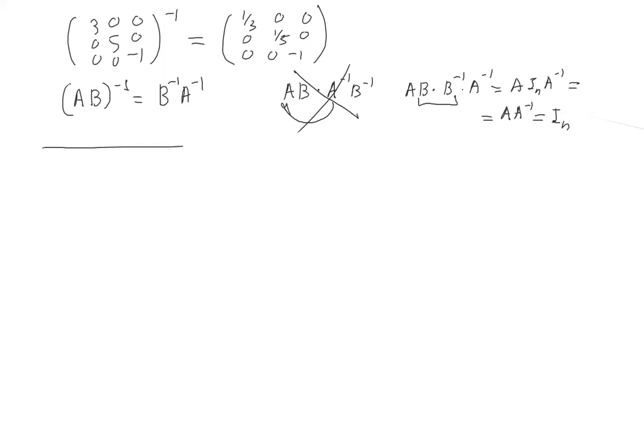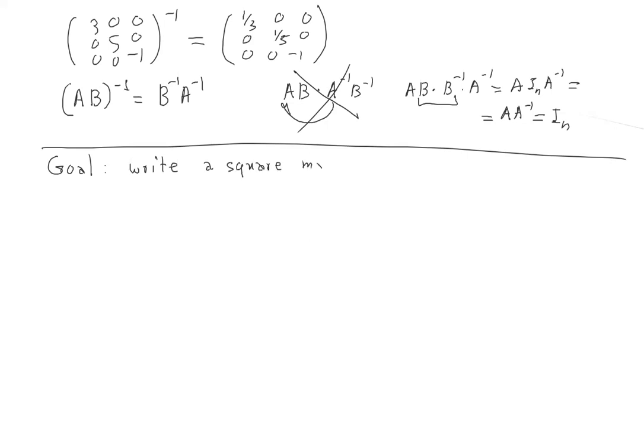So basically our goal here is to write a square matrix as a product of the form L times U, where L is lower triangular, and U is upper triangular. Okay, that's the goal of this operation.